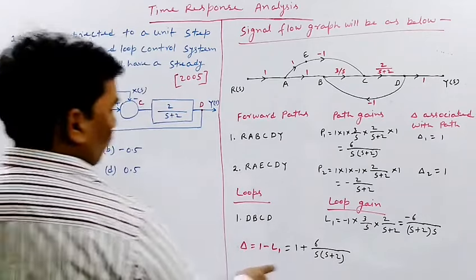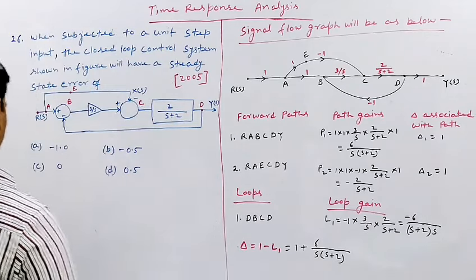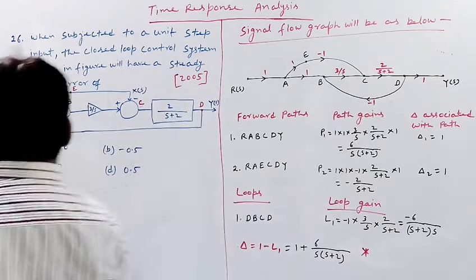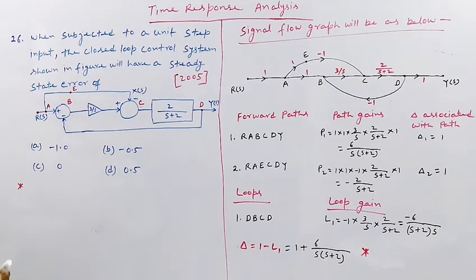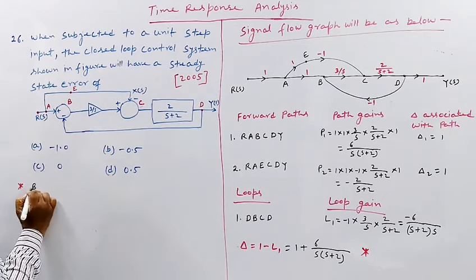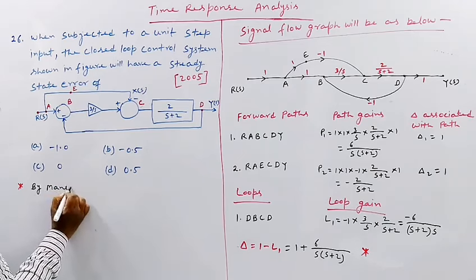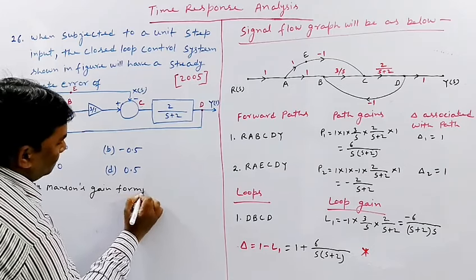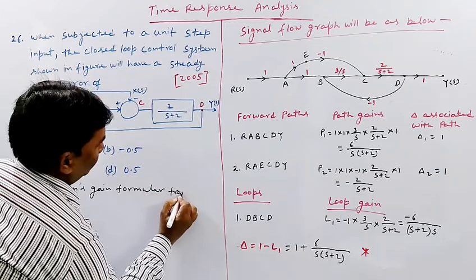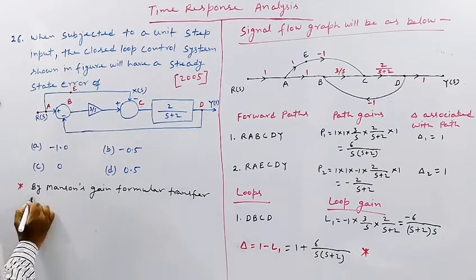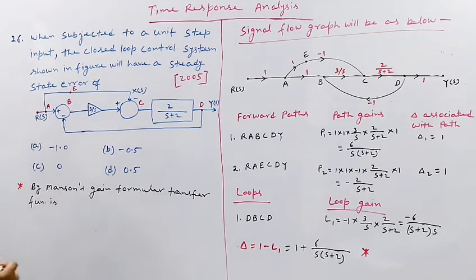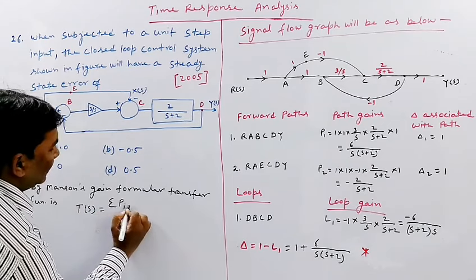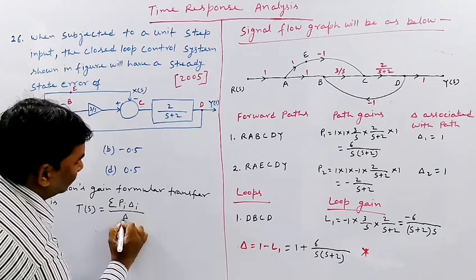Now by Mason's gain formula, the transfer function is T(s) equal to sigma Pi delta i divided by delta.